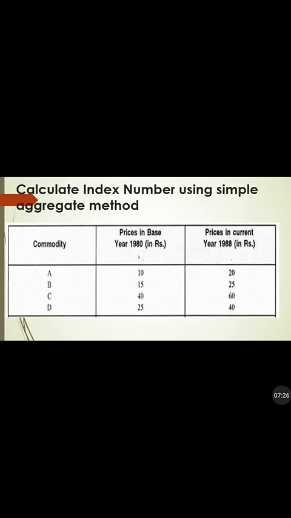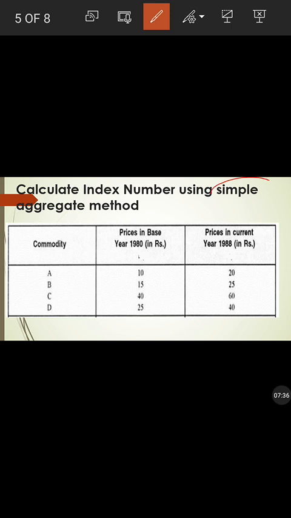I have given here: calculate index number using simple aggregate method. So I have mentioned which method to use, that is the simple aggregate method. What is the formula? P01 is equal to summation P1 divided by summation P0 into 100.